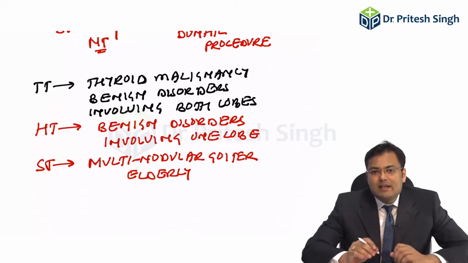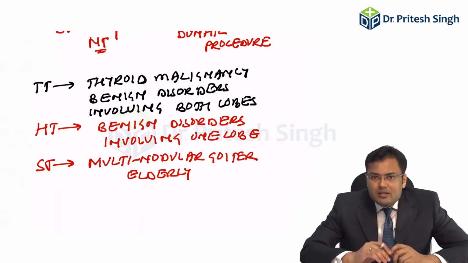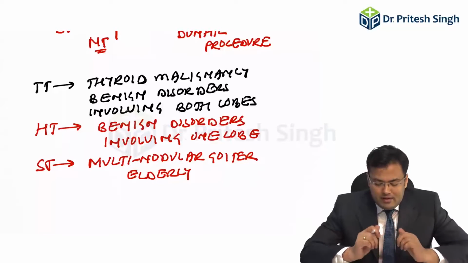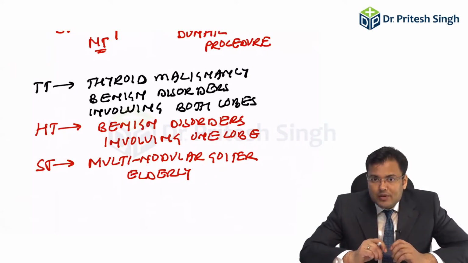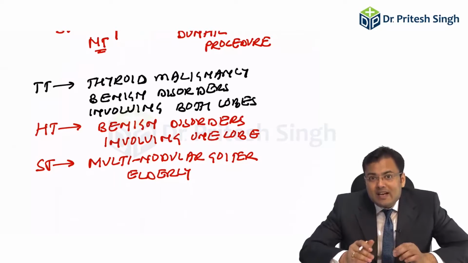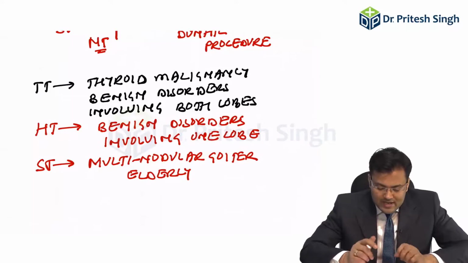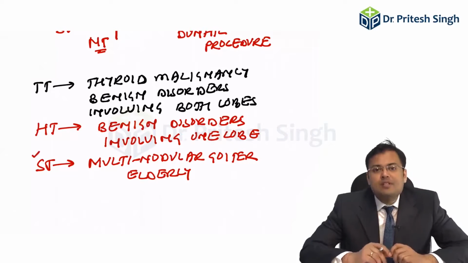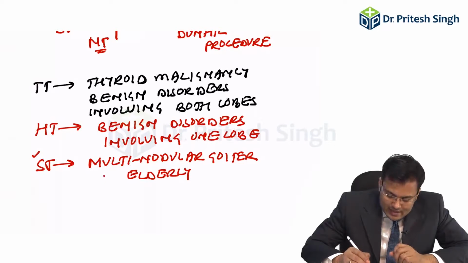Multinodular goiter in elderly. So I'm repeating, 50 to 70 years back, surgeons were performing subtotal thyroidectomy for multinodular goiter. But when prolonged follow-up was performed, there was recurrence from the thyroid remnant. That's why the only indication for subtotal thyroidectomy is multinodular goiter in elderly.